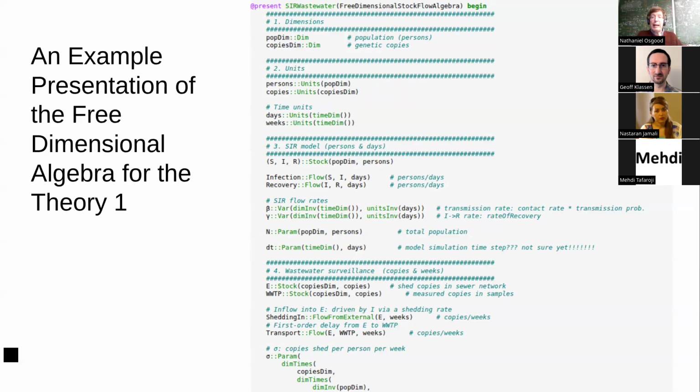There, it's a dependent type. The type is dependent on that value. This type is dependent on that value. It's a unit for that dimension. Then we have to have time units, right? We need time units, yeah.